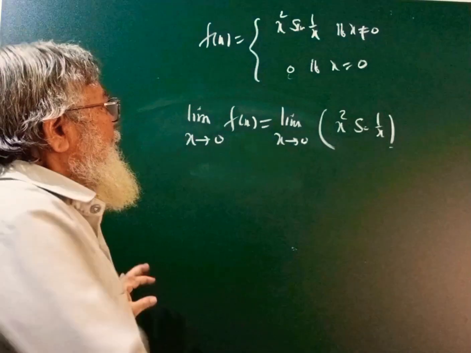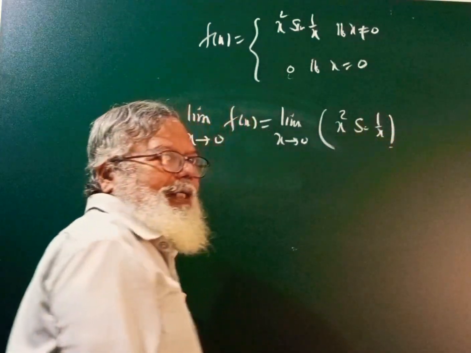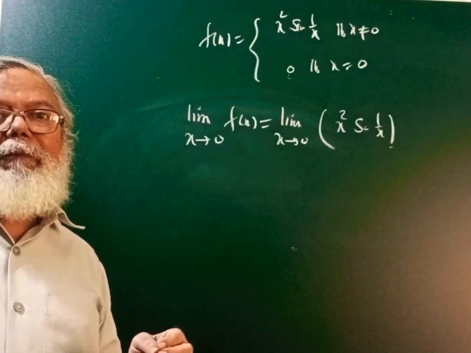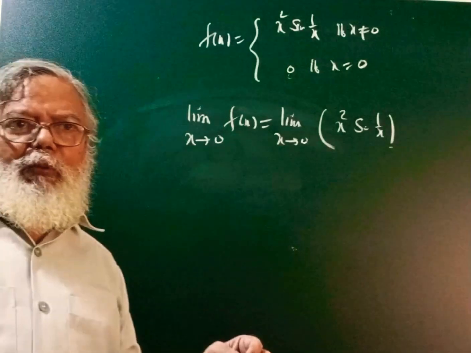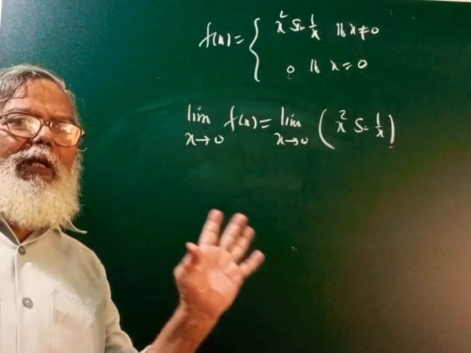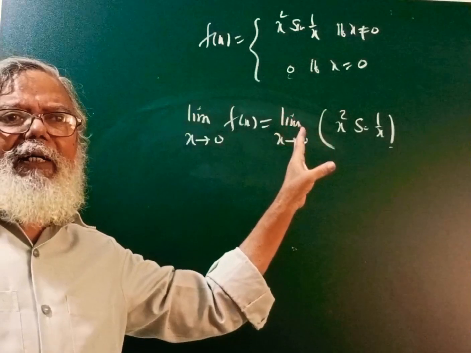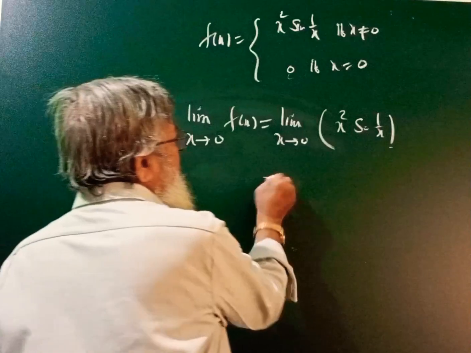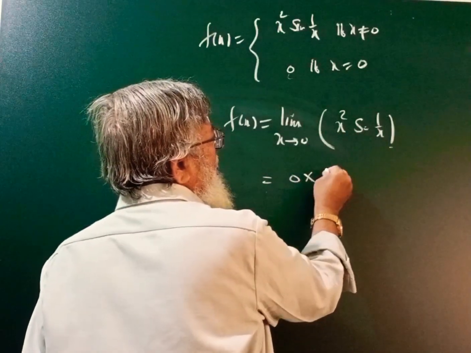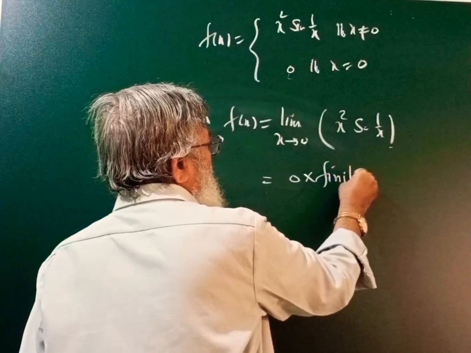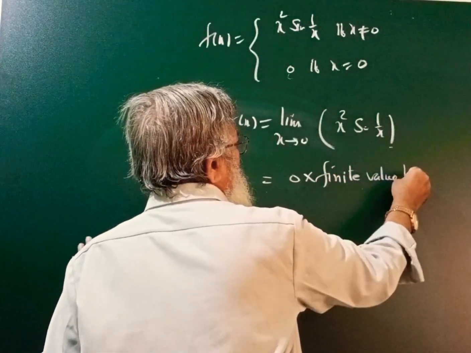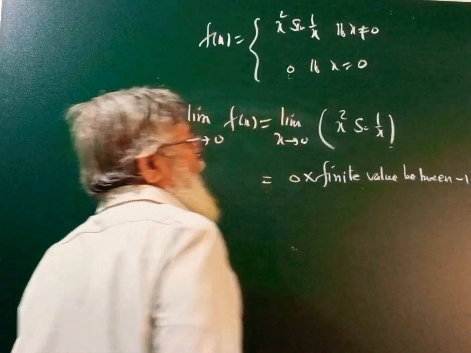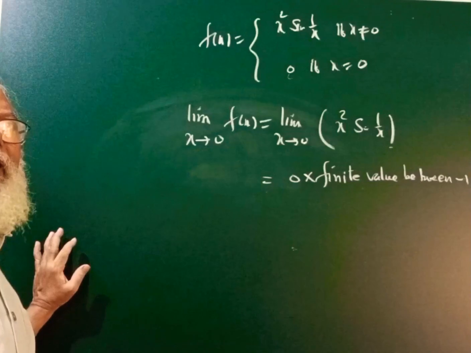Now again we know sine 1 by 0 is not defined. 1 by 0 is infinity. But one thing we remember is that sine and cos both have the range from -1 to +1. Whatever may be the value of theta, the answer will be between -1 and +1. So we can write it is 0 into a finite value between -1 and +1, because sine has this range only.